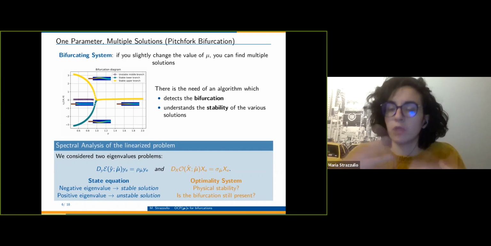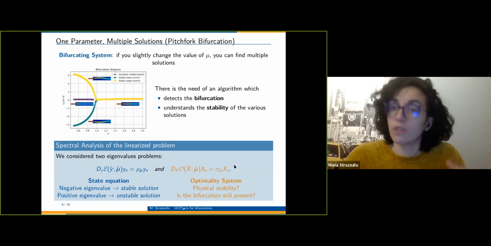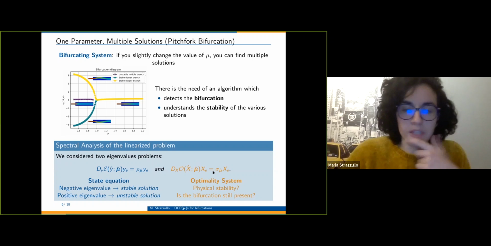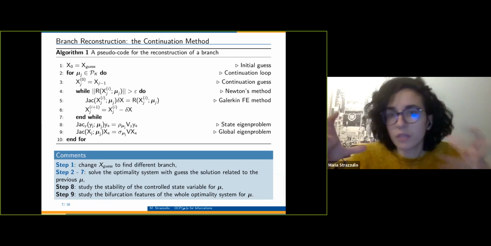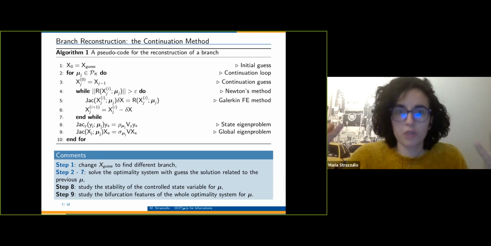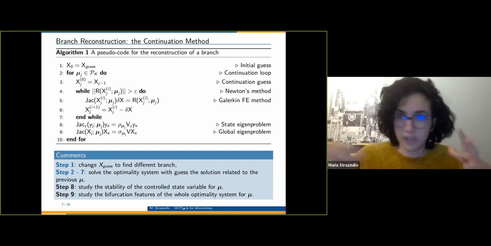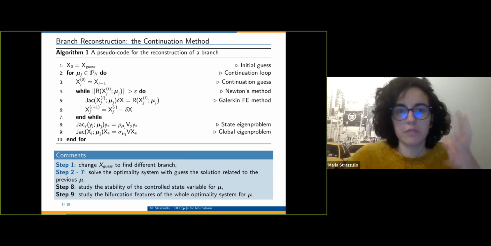Now I will try to let you understand what characteristics and features you can recover from this problem. This is the algorithm that we use, a branch reconstruction algorithm based on a continuation method. The idea is quite easy. You start with an initial guess, okay?